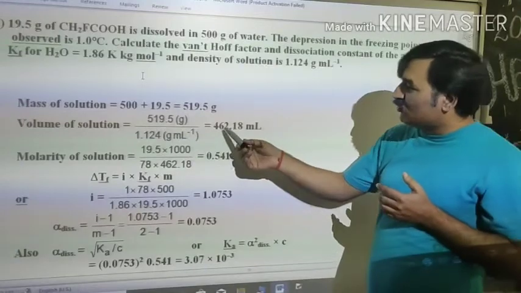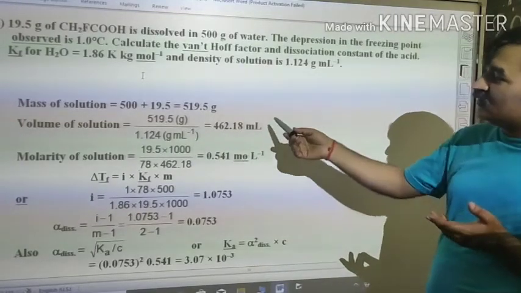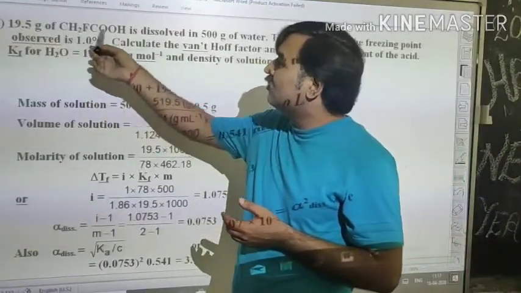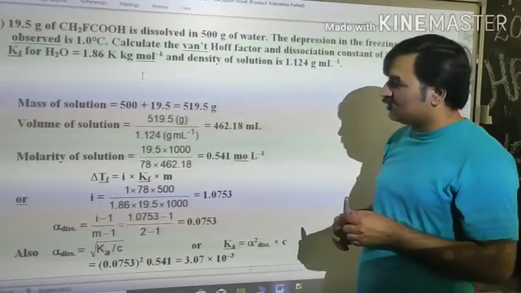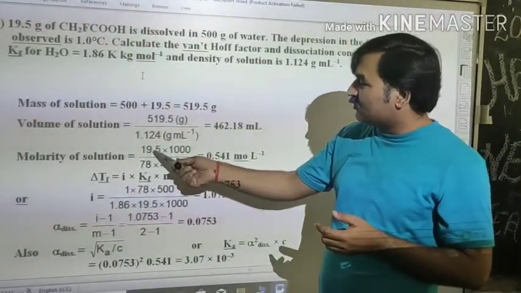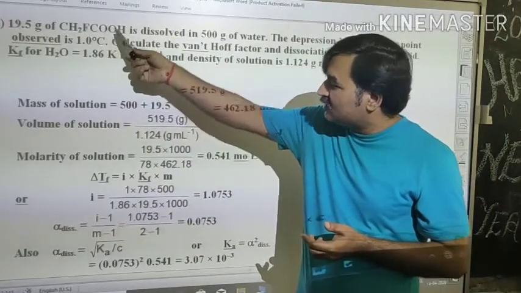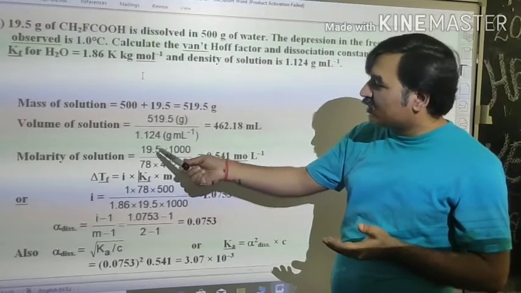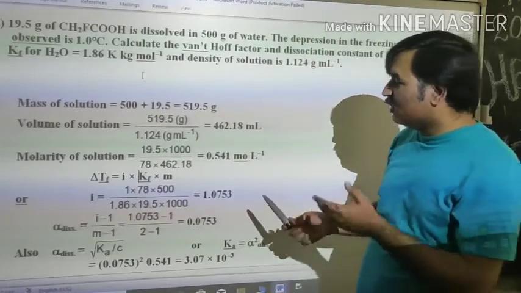So it is equal to 462.18 ml. Now from this volume and this mass and molar mass of this compound, we can find molarity of solution. So it is mass of solute upon molar mass of fluoroacetic acid upon volume of solution. So molarity is found to be 0.541 mole per liter.